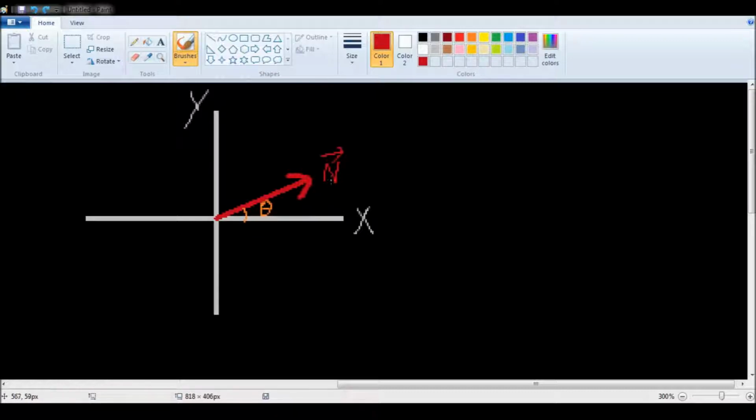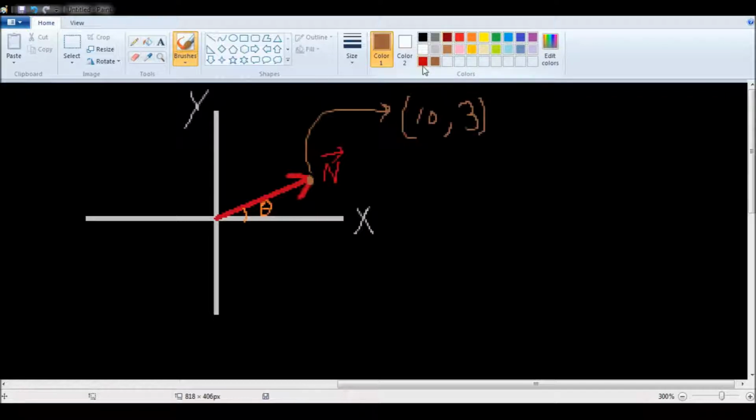Or I was going to use explicit numbers for this. I'm sorry. So this is our vector n, and let's say it goes to a point right here of 10, 3.